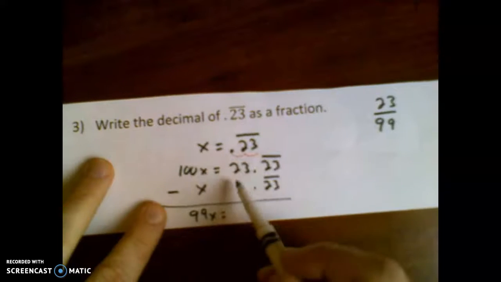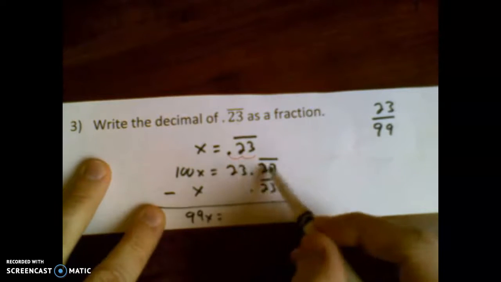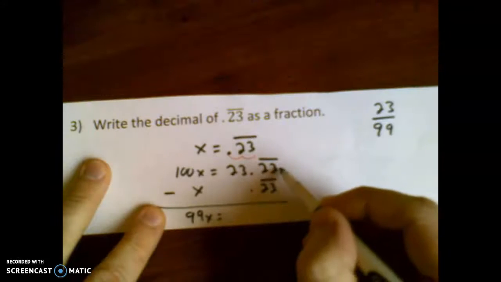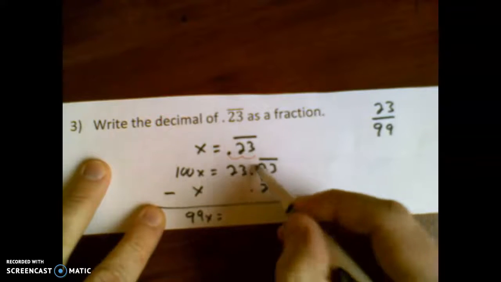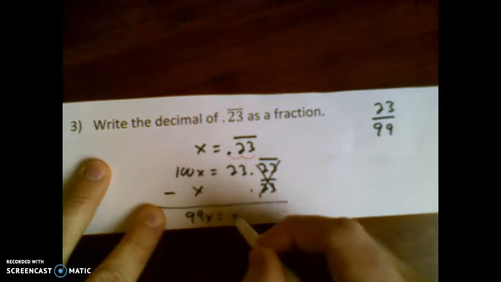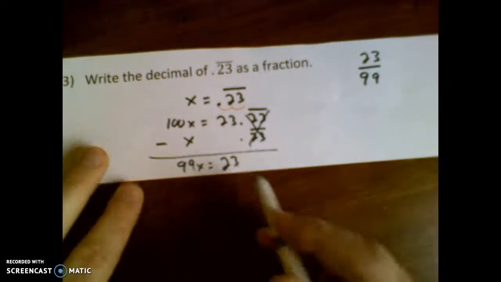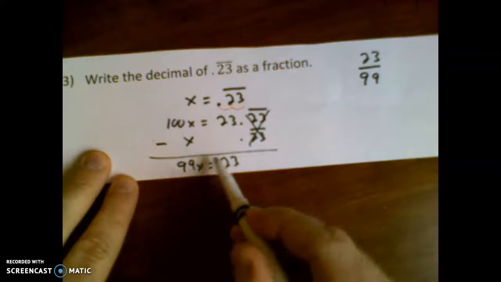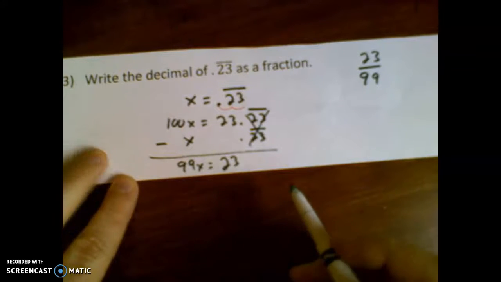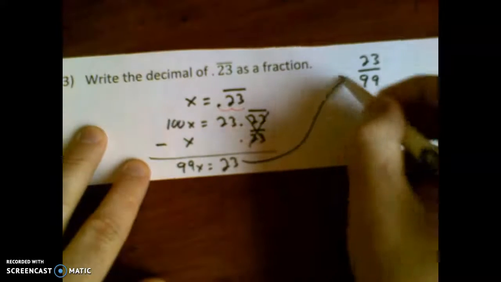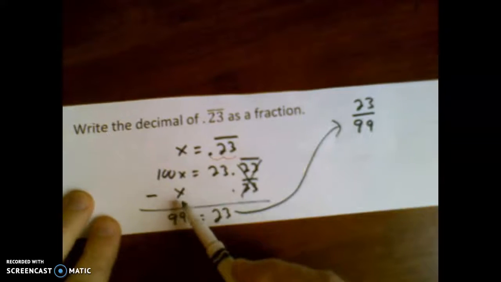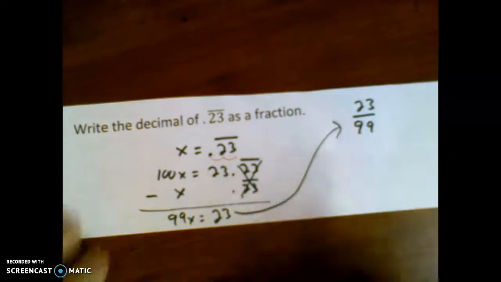And over here, if I subtract both of these, the 0.23 repeatings would just cancel each other out, and you're left with 23. Now, if I asked you to solve this for a single x, you would divide both sides by 99, and look what you get. So that's the algebraic reason that this little shortcut works.